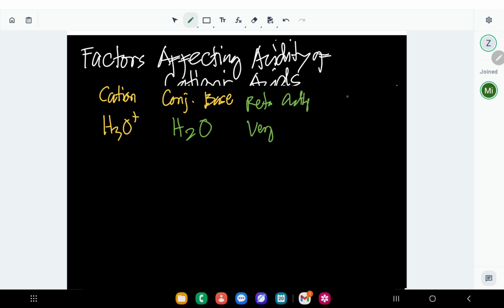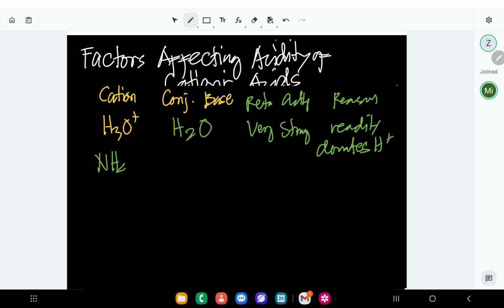Why? The reason: it has high charge density. Why does it have high charge density? Because it readily donates H+. So its relative acidity is very strong.